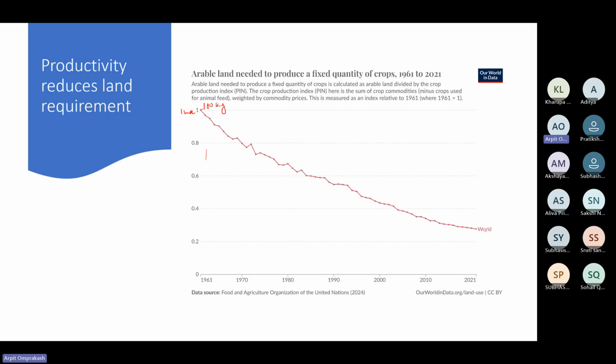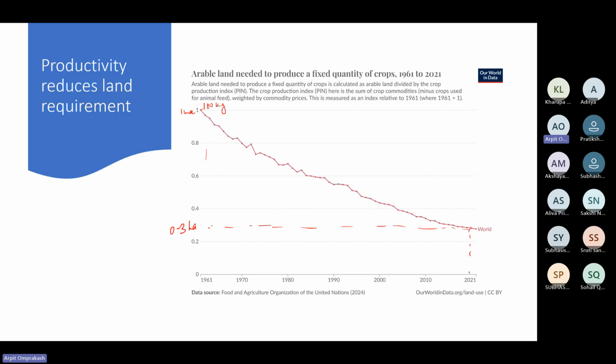But now, in let's say the 2000s, you need somewhere around 0.3 hectares of land to produce that same amount of resource, which is 100 kg of the cereal. So what does this mean? This means that as our technology is advancing, it's becoming easier and easier for us to produce more crops and get more productivity from the same amount of land.